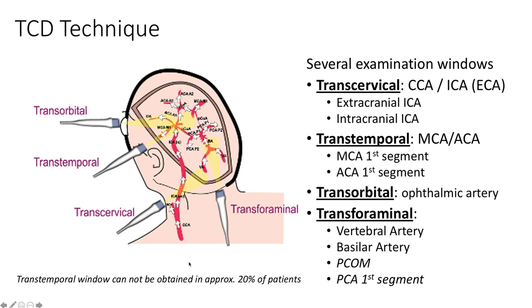Some windows are easier than others. For subarachnoid hemorrhage vasospasm monitoring in the ICU, you want the transtemporal window to look at the MCA and ACA. This window cannot be obtained in approximately plus or minus 20% of patients, but surely the skill level of your echo tech also comes into play.